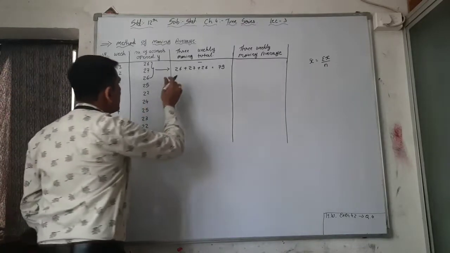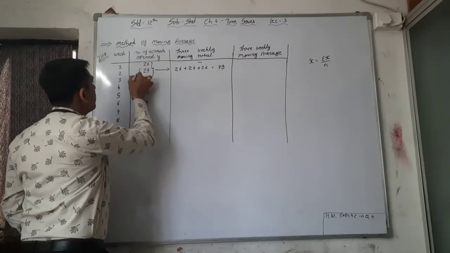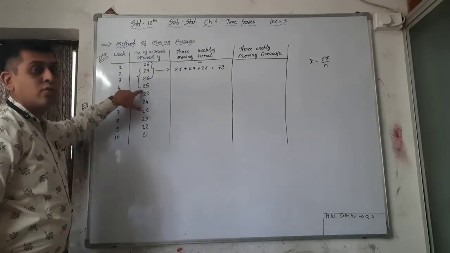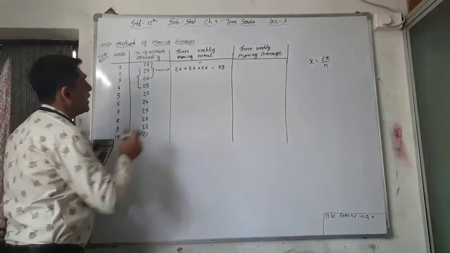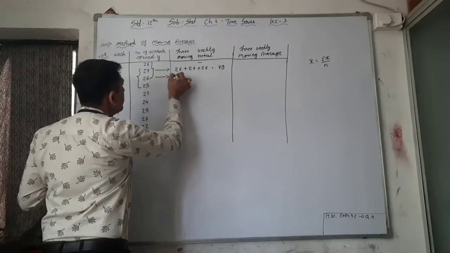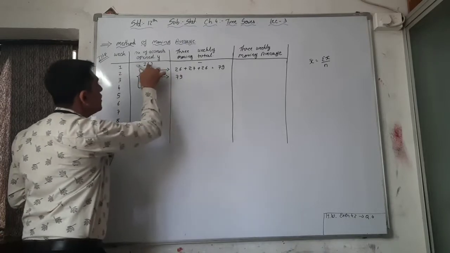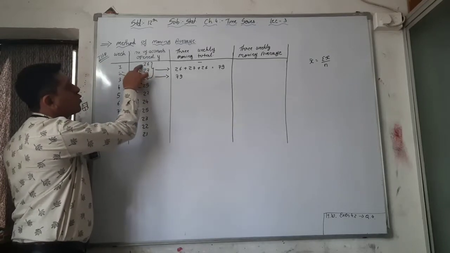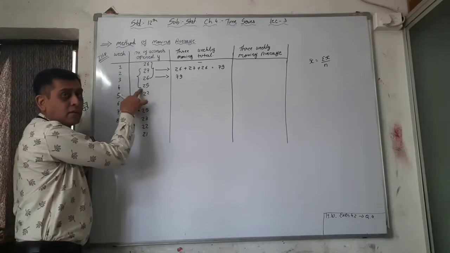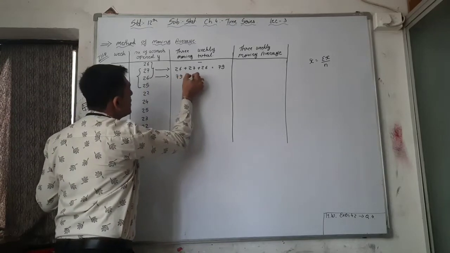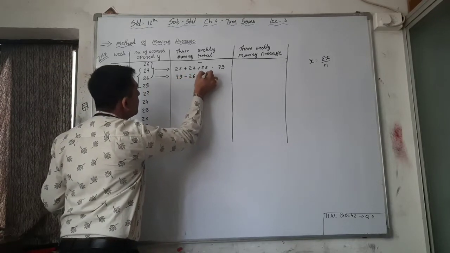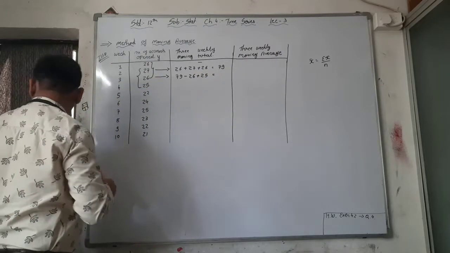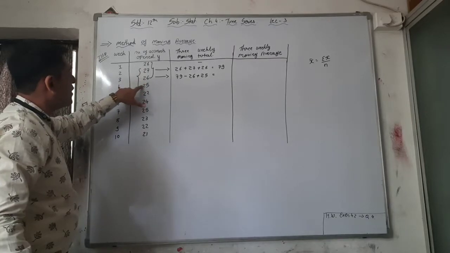Now what is the next? See here, we have to make the total of these 3. We have to skip the first and add the fourth. So what is the next center value? See, the total of these 3 is 79. So first of all we write that 79, and we have to subtract this one and add this one. That is minus 26 plus 25, and we can find the 3 week total. So here 27 plus 26 and 25.